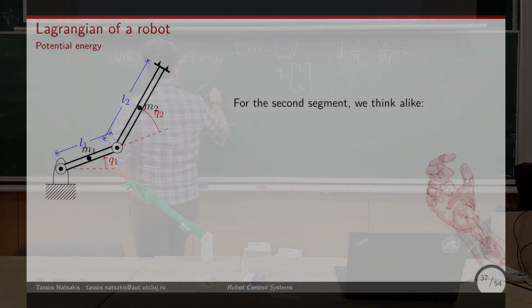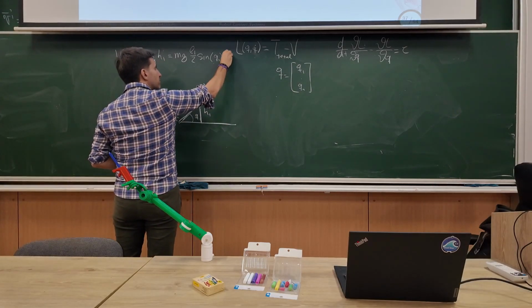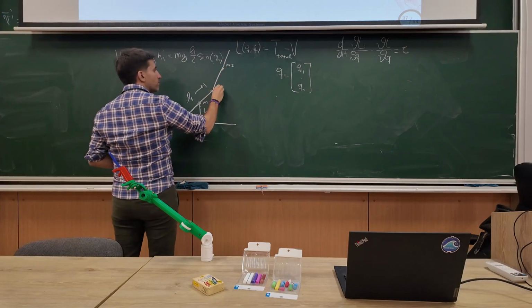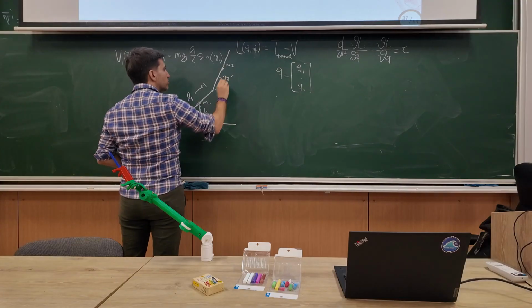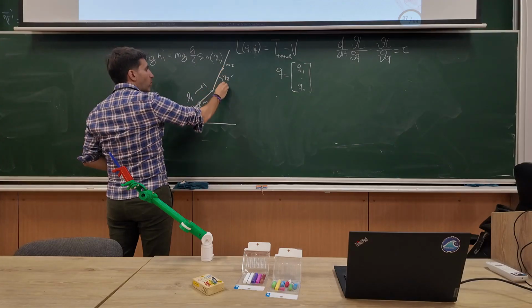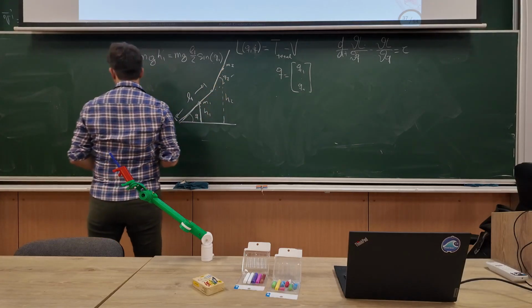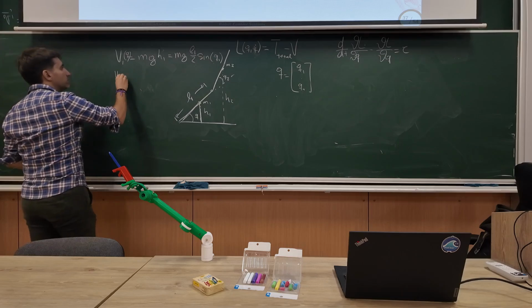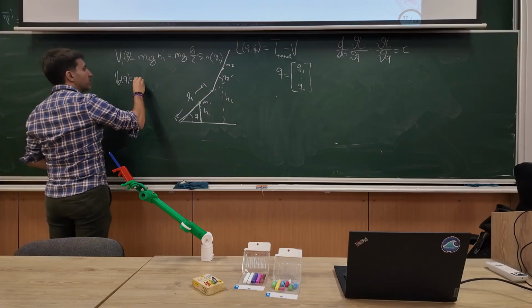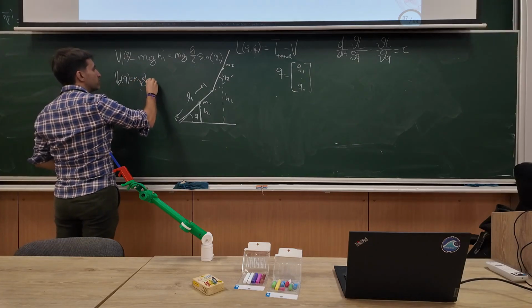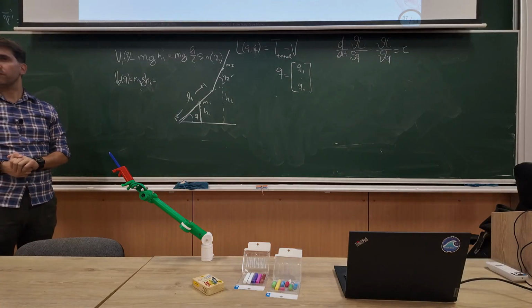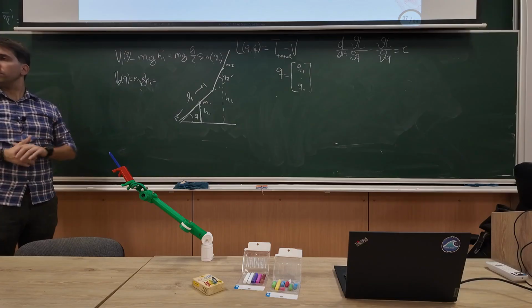So now I have another link, another mass, M2, another joint Q2, this is L2. I need now this height. So this is M1, M2, G h2, which is what? Again, I need h2 as a function of Q, which will be Q1 and Q2.